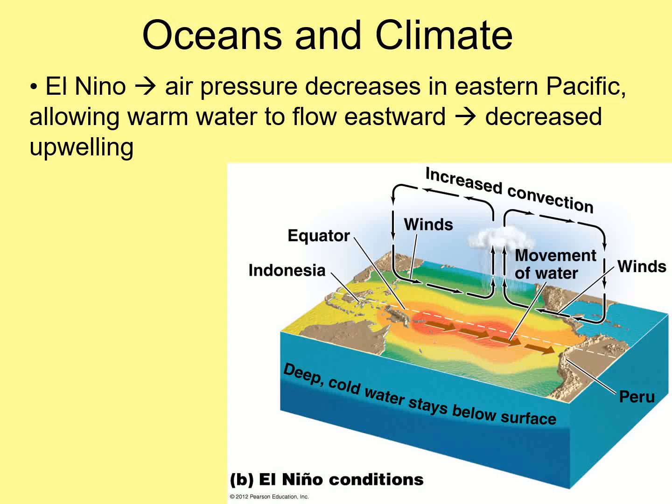So again, you can get upwelling generated from deep currents being deflected upwards, but you can also have upwelling generated by strong offshore winds. This is wind blowing from a landmass towards the water, and if it's strong enough, it can push surface water away from the shore, and that creates basically suction and pulls up cold, nutrient-rich water from the bottom.